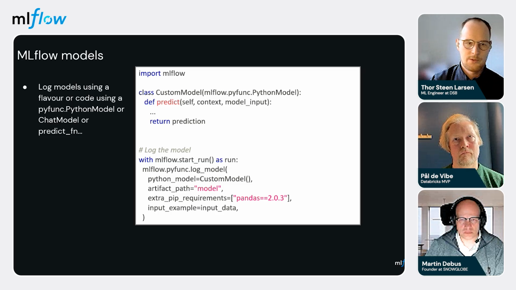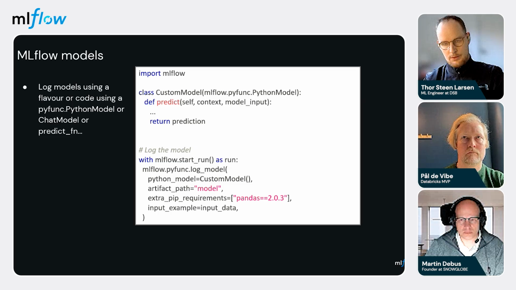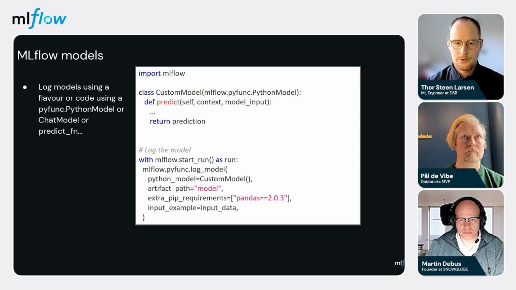There are some different flavors, but what you can always do is use the Python model, which is a class where you have at least a predict function where you take some input and you have some context. For example, you can use the context to log the model, and then you return a prediction.